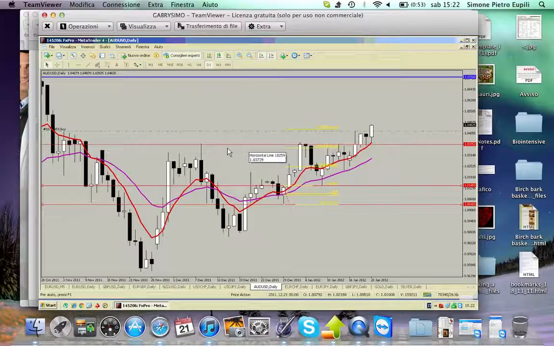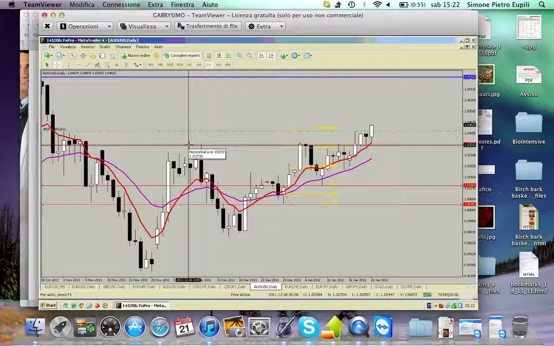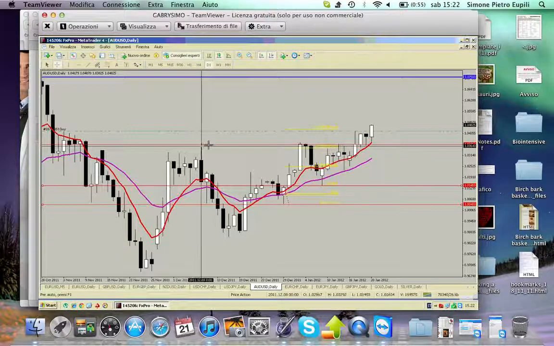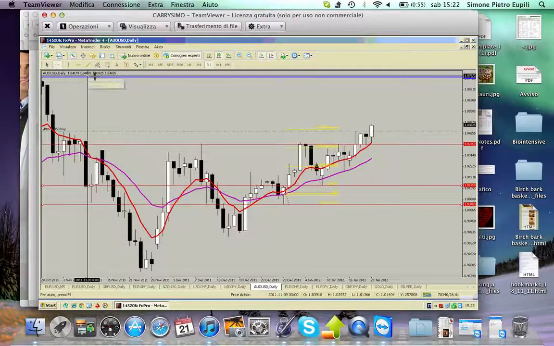You see, my target was going to be this one because this is the high where the price made the big retrace. The target after this level is this one higher. We can see it zooming out the chart.